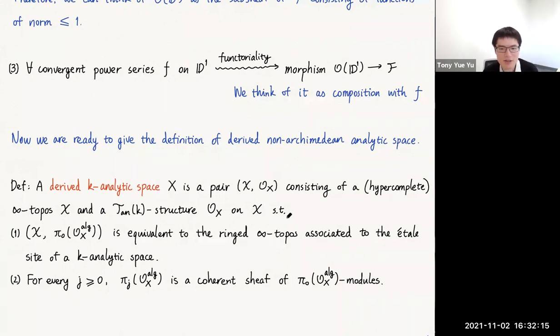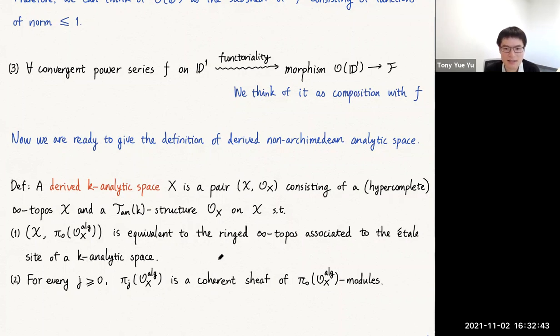such that, we put exactly the same conditions as in algebraic geometry. So we ask that if we forget the analytic structure and take pi 0, we just get a classical non-Archimedean analytic space.